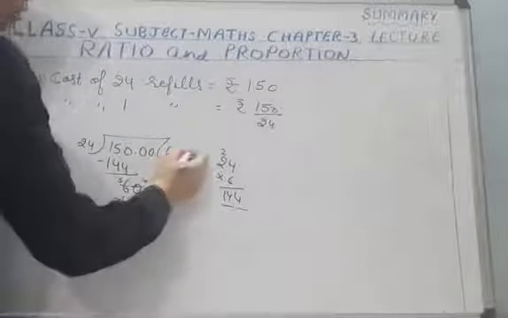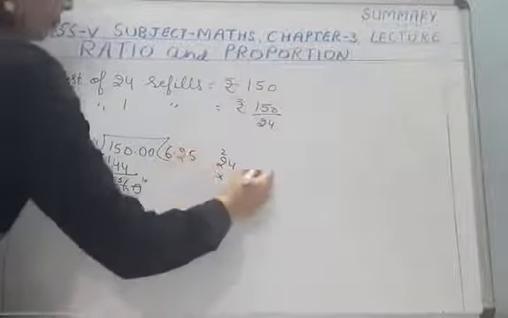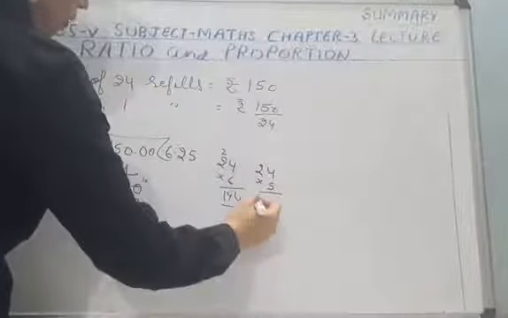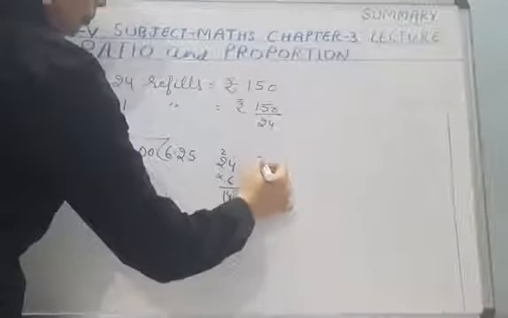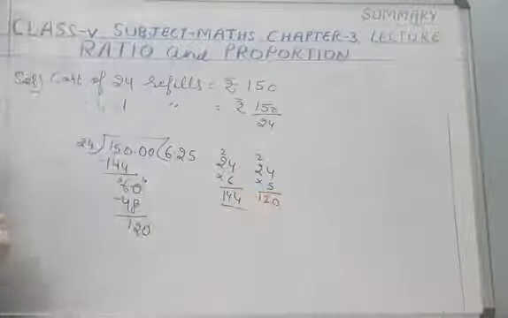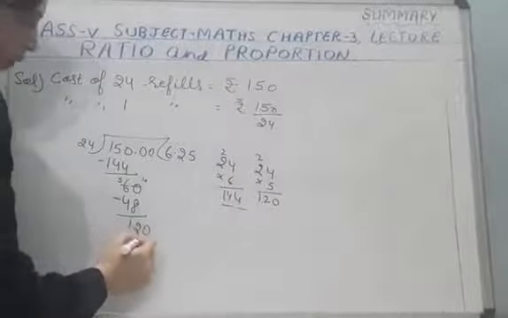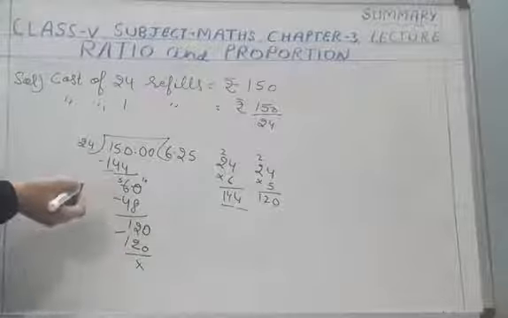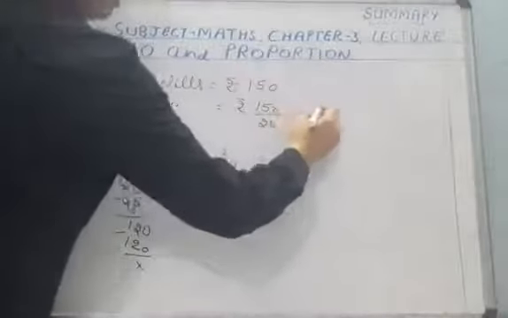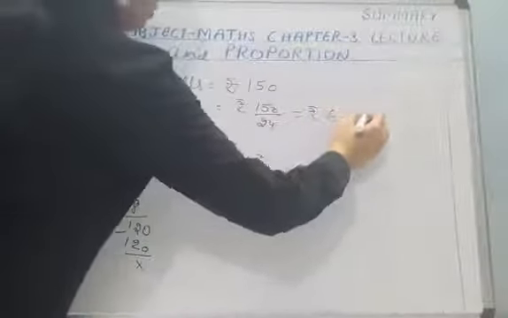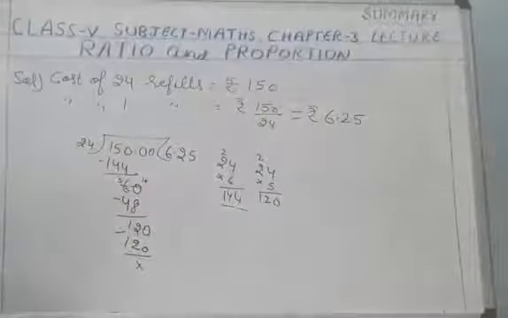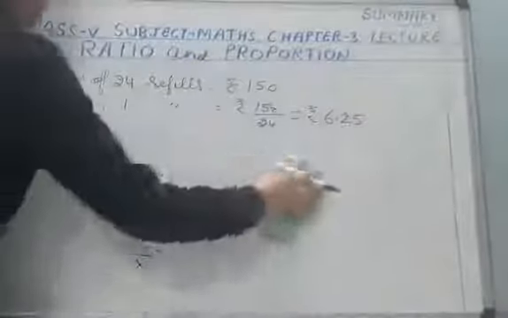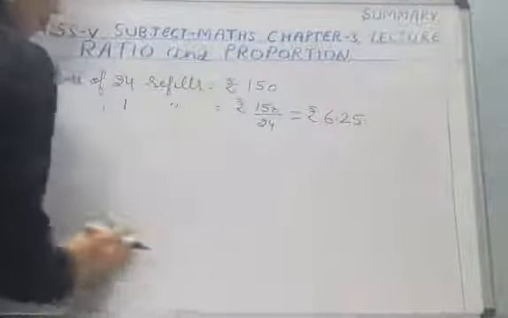Now 24 5s are 120. So cost of one refill is rupees 6 and 25 paise, 6.25. Understood? Now we have to find out the cost of one new model refill.